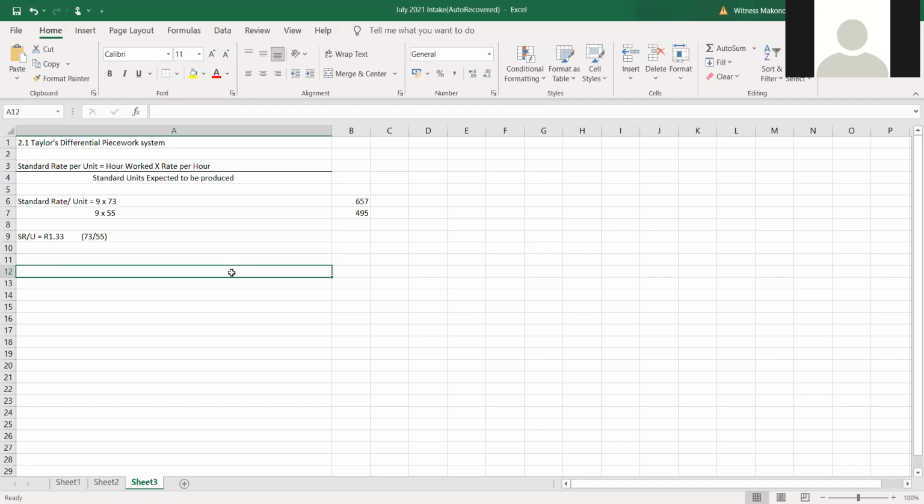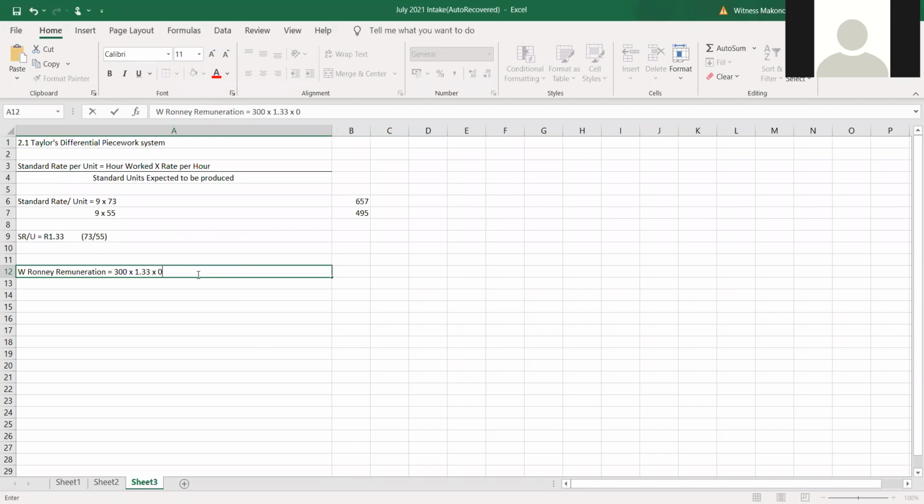That's logic. Then after you have done that, you come here and say, Rooney's remuneration is equal to the units he produced, 300, times the standard rate of 1.33. Is that under production or overproduction compared to what he was supposed to produce in a day? In a day, he's supposed to produce 495, but Rooney only produces 300. So is that under production or overproduction?